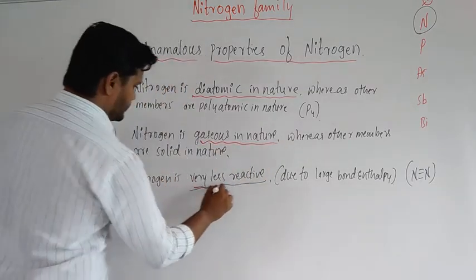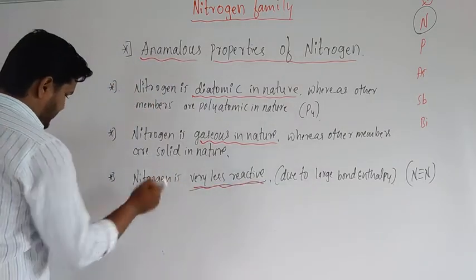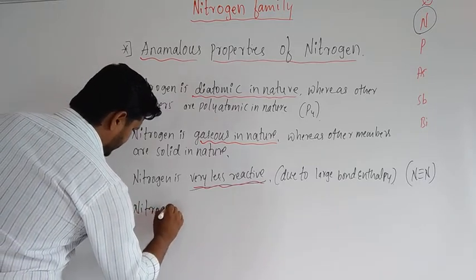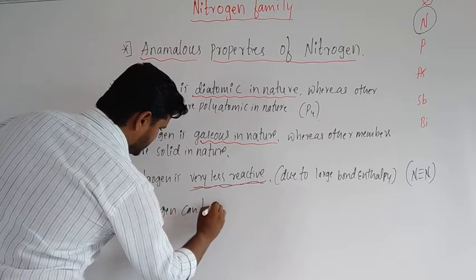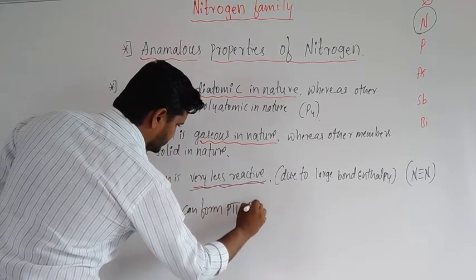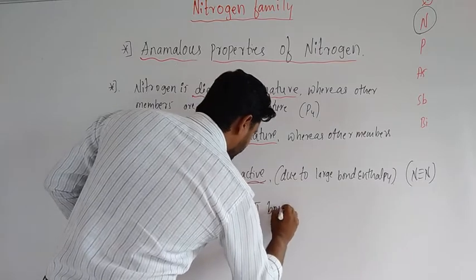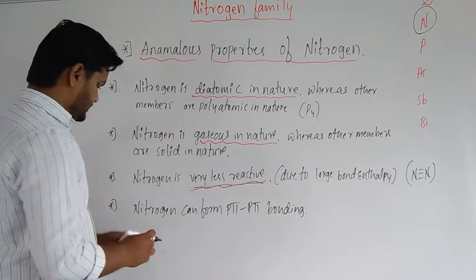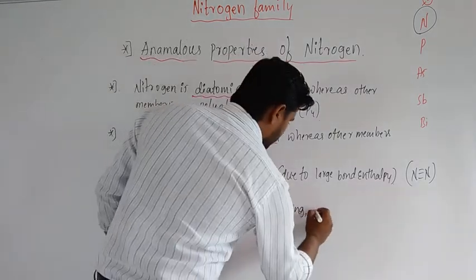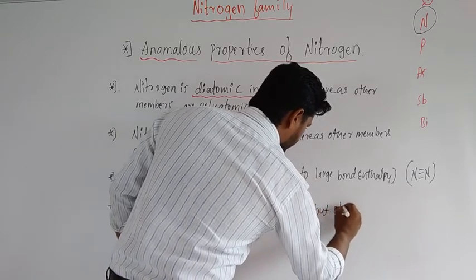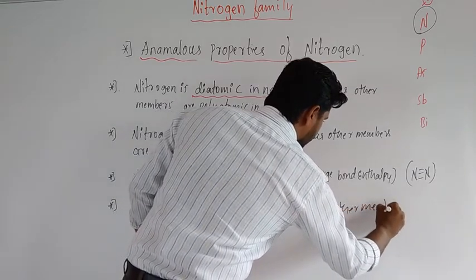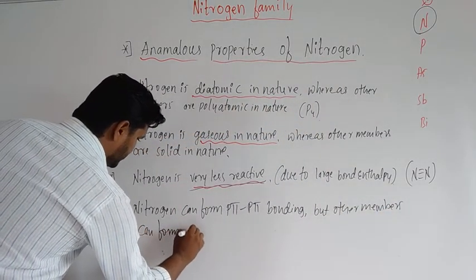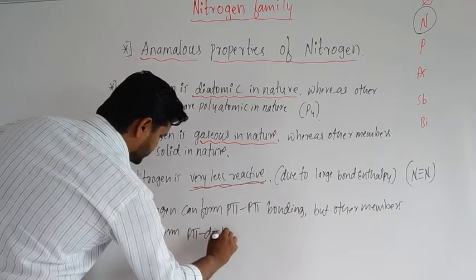And students, one more anomalous property: nitrogen can form p-pi bonding, whereas other family members exhibit p-pi and d-pi bonding.